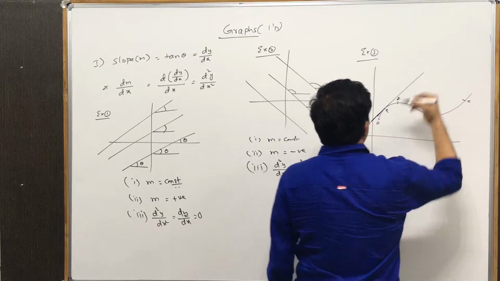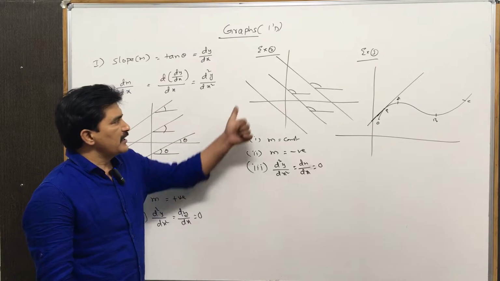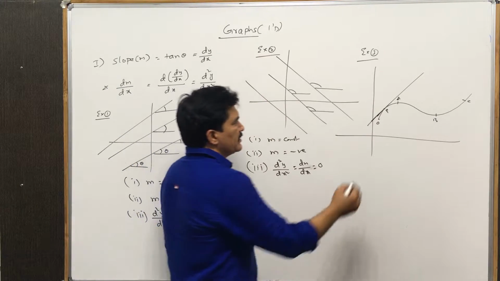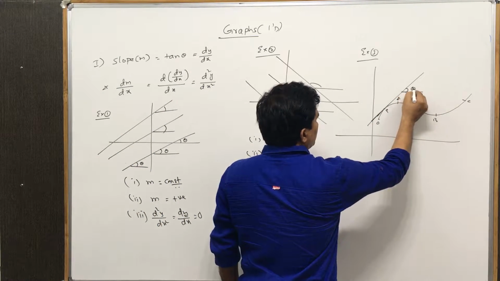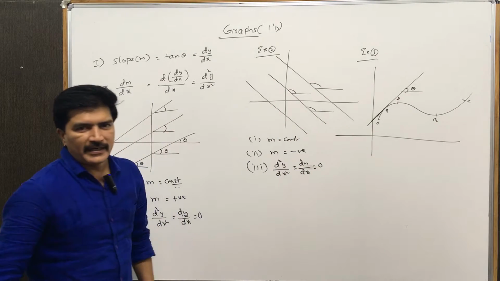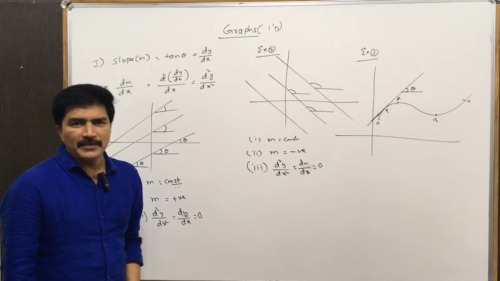The tangent behaves like a straight line. We know for a straight line how to find the slope: find the angle made by this tangent with the positive x-axis, and tan of that angle is the slope.